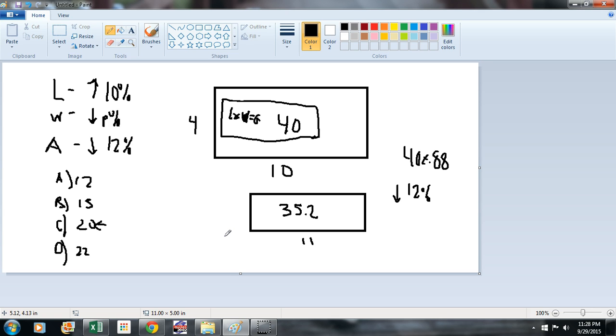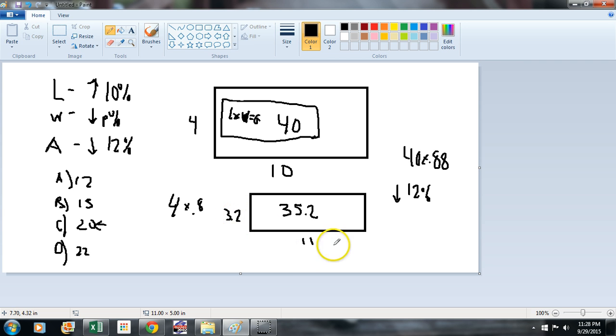So if the width is being decreased by 20%, okay, that means this is my width here times 80%, which, if I do 4 times 0.8, yields 3.2.